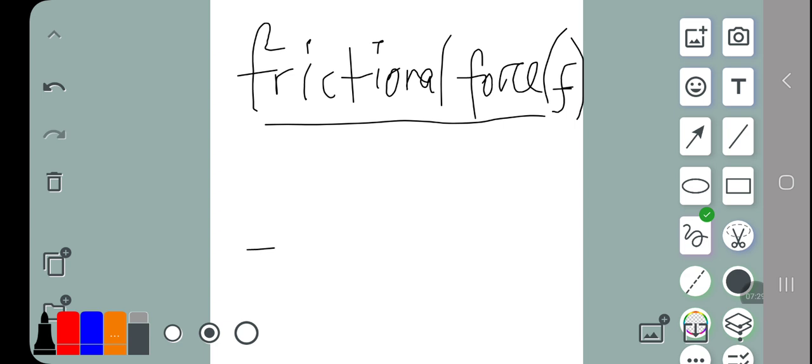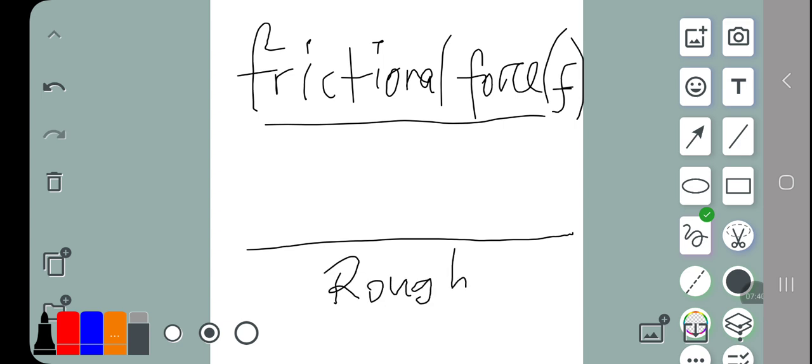What you must know is that frictional force, guys, is usually exerted on a rough surface. Please don't forget this, it's very important. Whenever your surface is rough, this is where we experience a frictional force. Whenever your surface is smooth, it means there is no frictional force acting on the object.